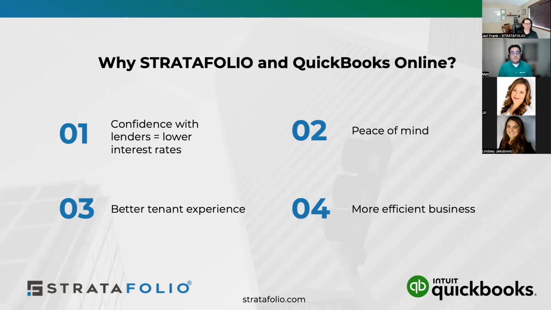Yeah, and lastly, we've talked a lot today about how to make your business more efficient with Stratafolio and QuickBooks. Very excited about everything from CAM reconciliations to all these different features, as well as, once you get that data into QuickBooks Online, being able to automate your workflows from an accounting perspective. What do we mean by that?